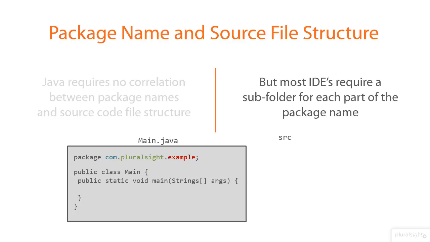Basically, each of the parts of that package name needs to be its own subfolder. So under source, the IDE expects a com subfolder to match the first part of the package name. Then under that, it expects a pluralsight subfolder, and then an example subfolder. And then finally, our Main.java is expected to be inside of there. So as you have different package names, this hierarchy is going to have to match up to all those. Again, this is true in IntelliJ, it's true in NetBeans, it's true in most IDEs.